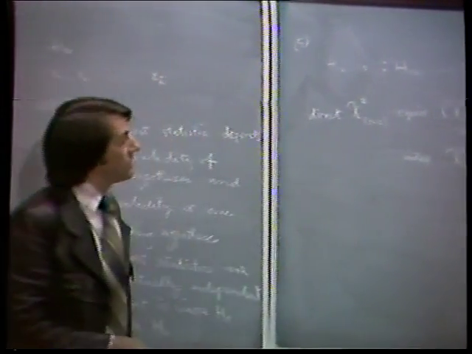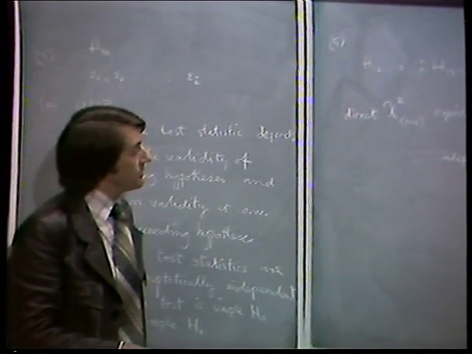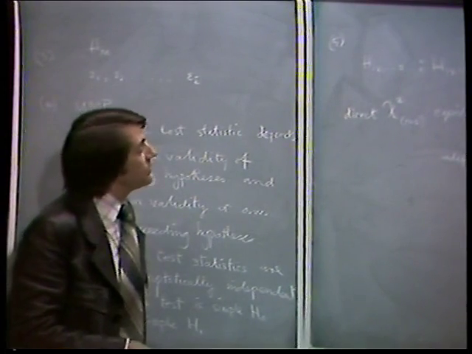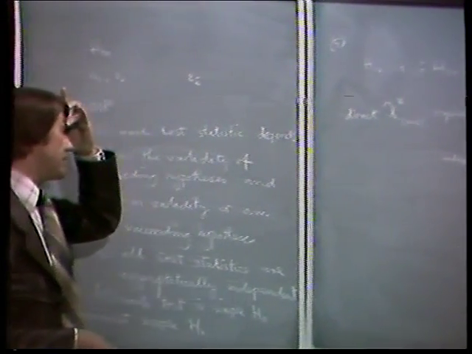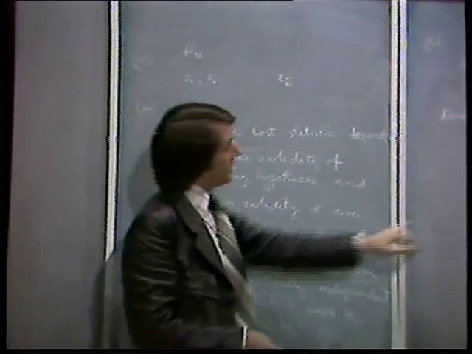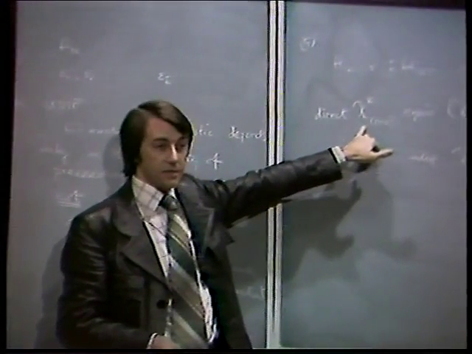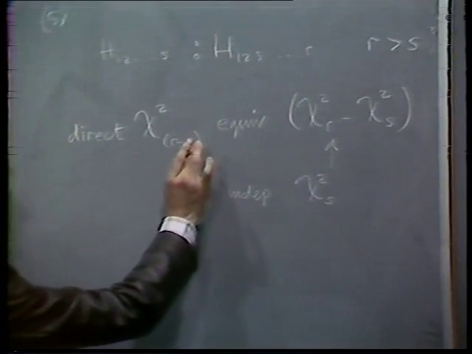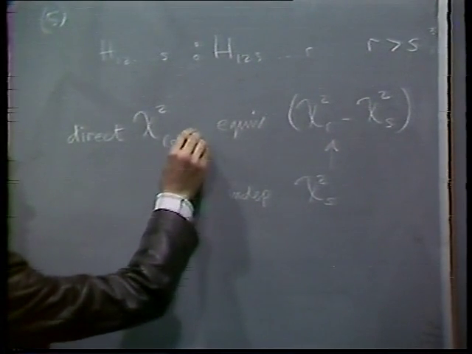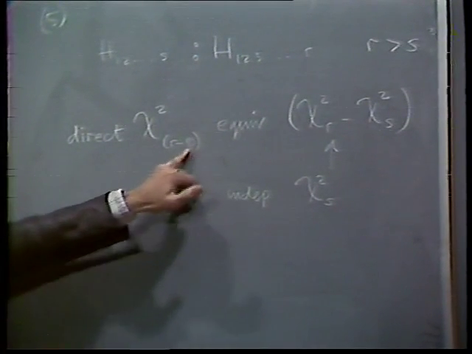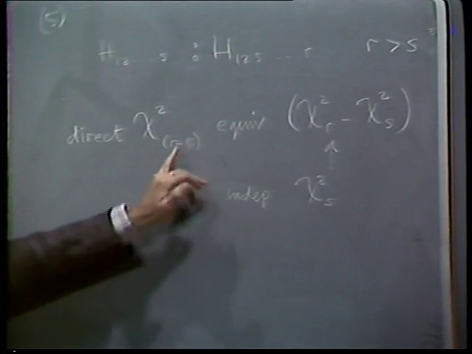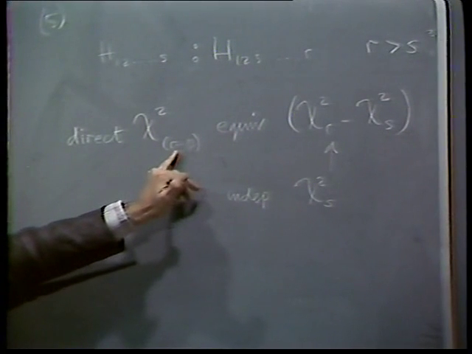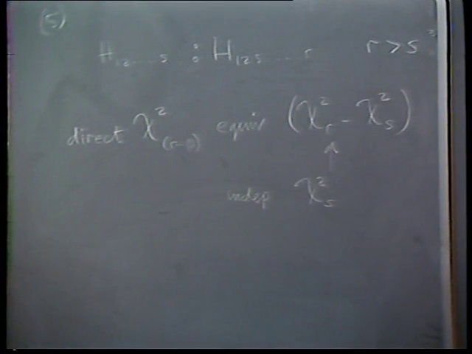And this is essentially why it's possible to test a sequence of hypotheses using the Wald testing principle very simply. You estimate the parameters of the maintained hypothesis. You can then compute directly each one of these direct test statistics where the unrestricted model is in fact the maintained hypothesis, so that those are all chi-squared of degree R when you compute all those for R running from 1 through to the maximal number of restrictions.